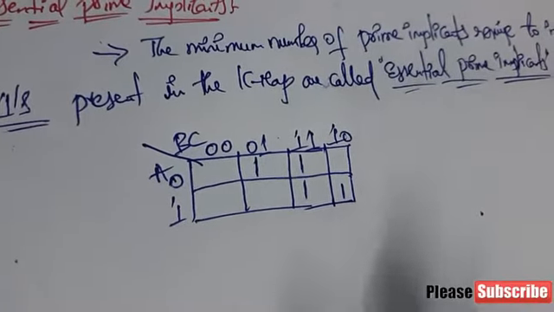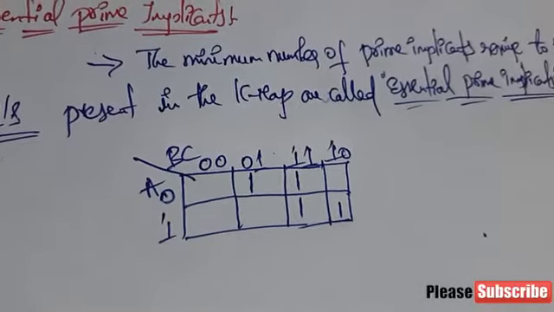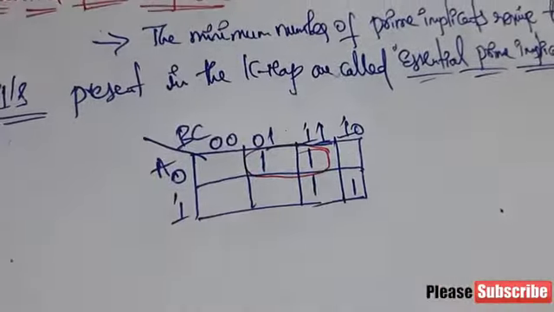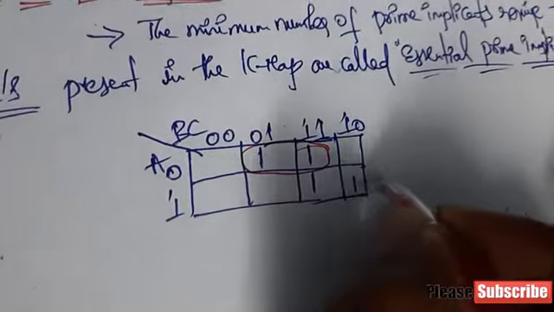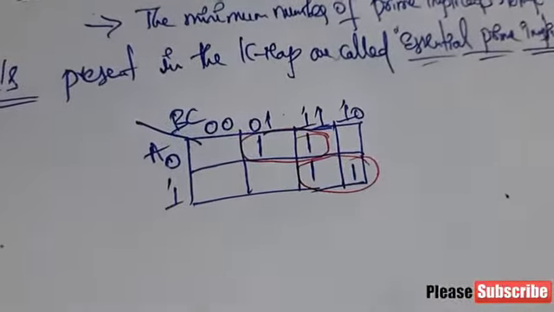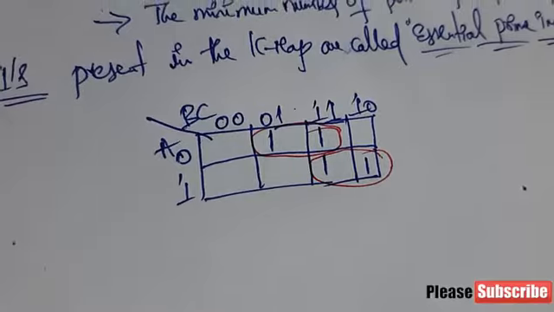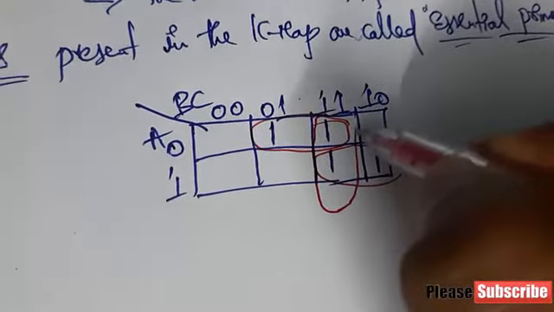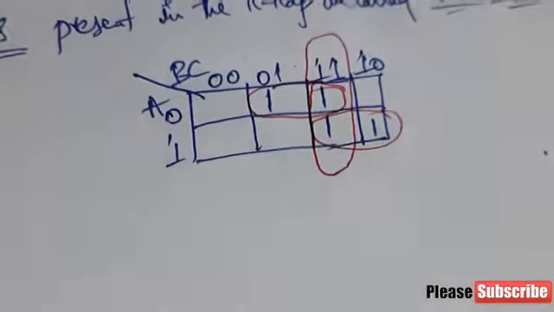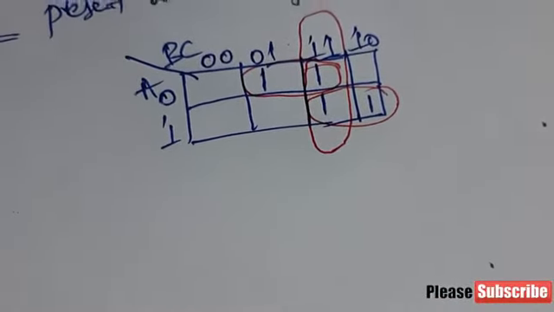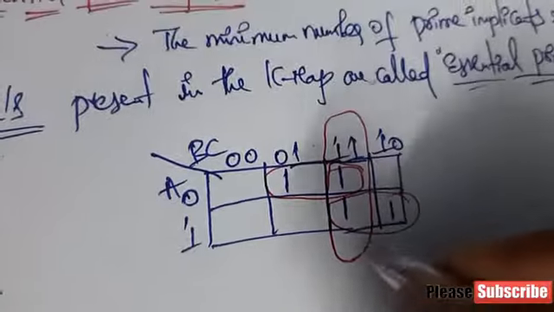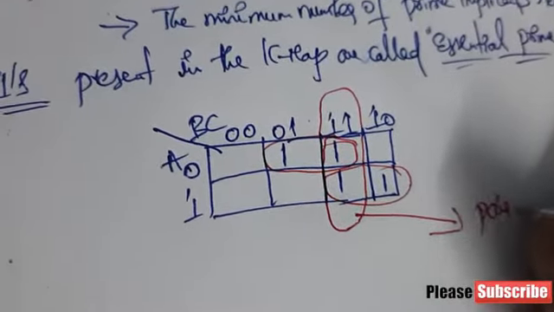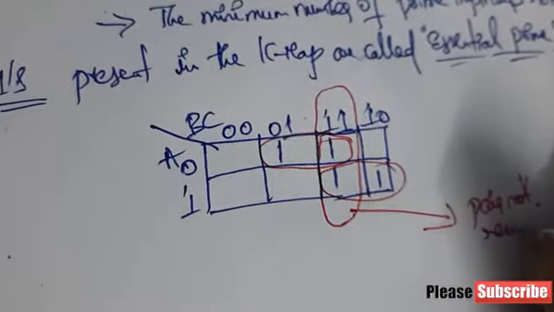If you get the K-map like this, first, how can you form the pairs? This pair will be one pair, this will be another pair, and combined, this is also another pair. Here this pair is not required. This pair is not required.